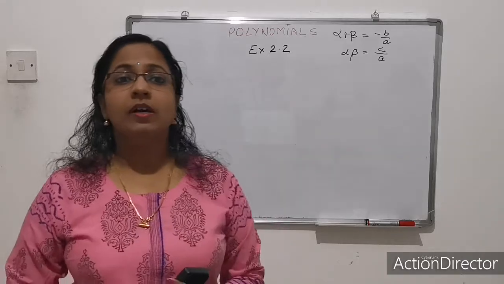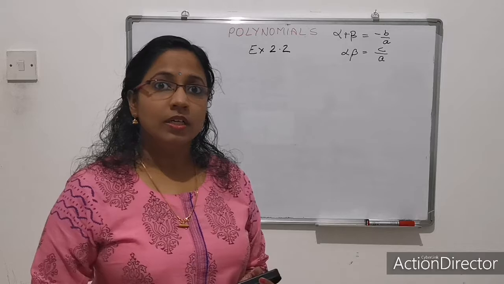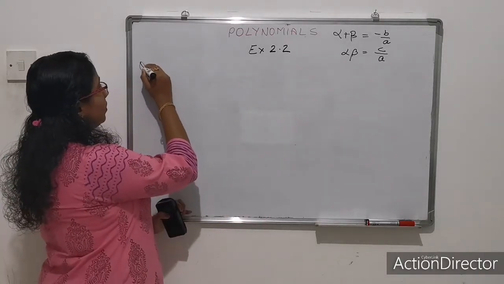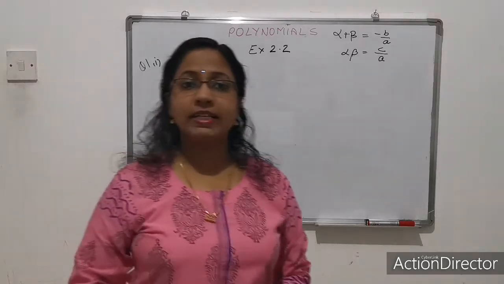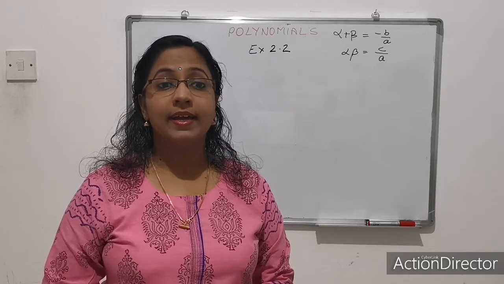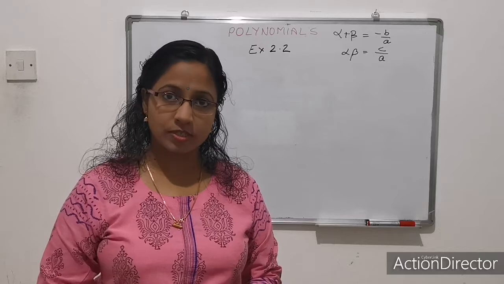So let's find the zeros of the, what is the first question? Exercise 2.2, question number 1. Question 1, first part. Okay. Question says, find the zeros of the following quadratic polynomials and verify the relationship between the zeros and the coefficients.